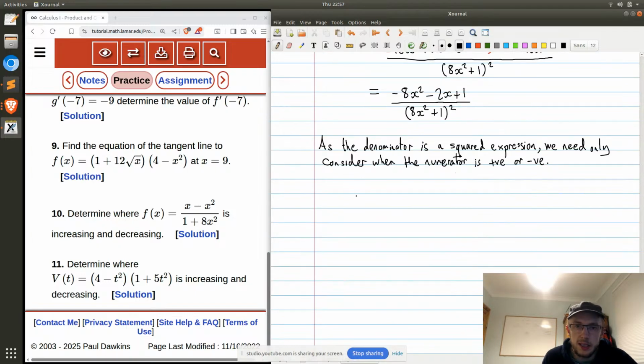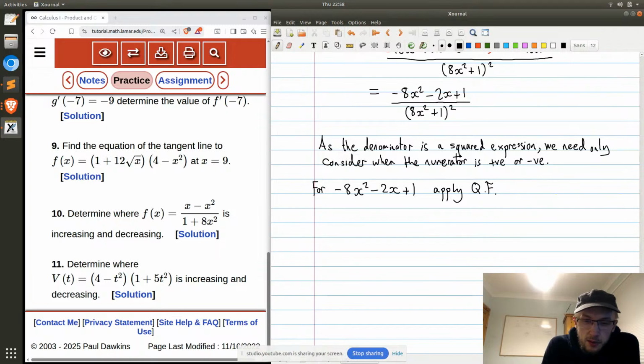And we'll do that. We're just going to apply the quadratic formula. Literally nothing fancy, just straight up quadratic formula.